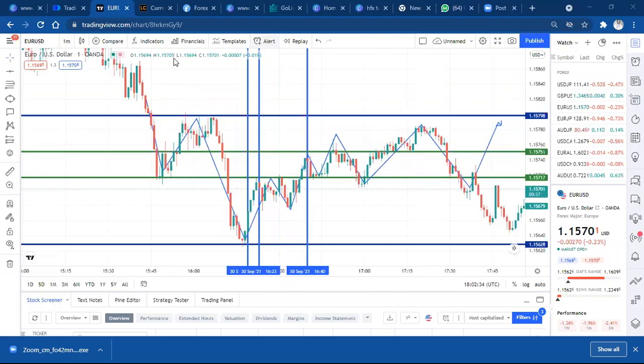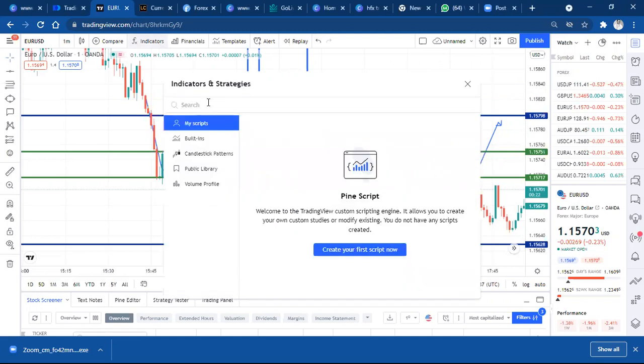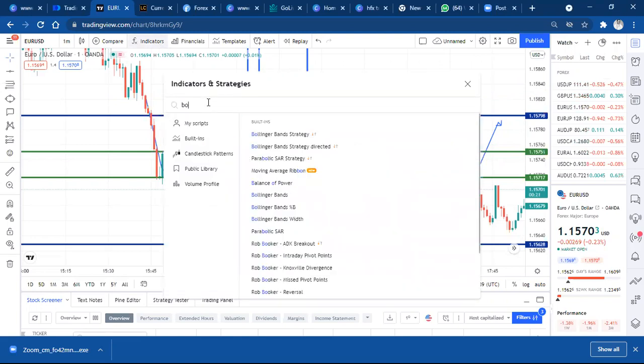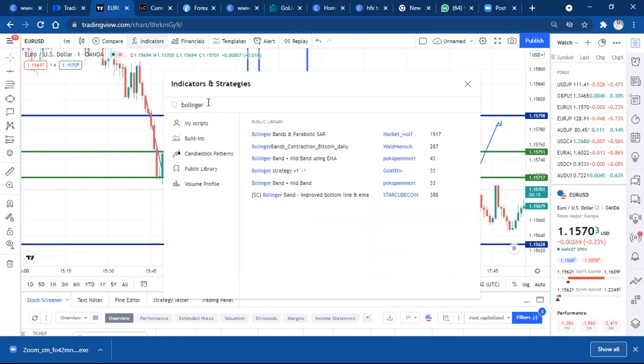All right, so I would be quickly showing you another indicator called Bollinger Bands.